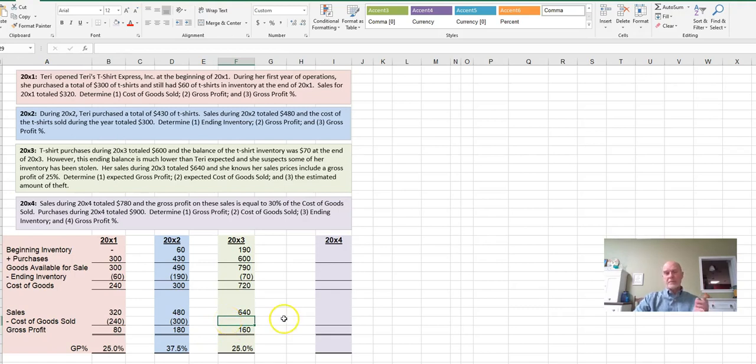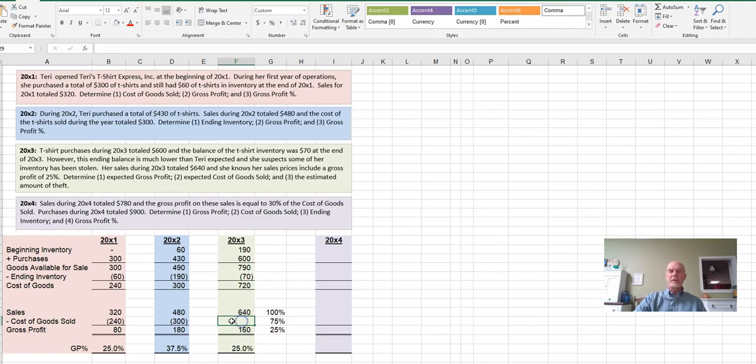Or another way to look at it, put these down as percentages here. If the gross profit is 25%, that means that the cost of goods sold has to be the other 75%, because in total, the sales, of course, is equal to 100% of the sales.